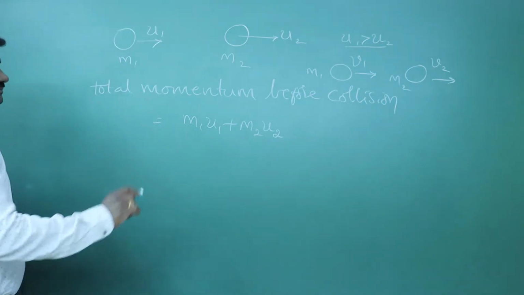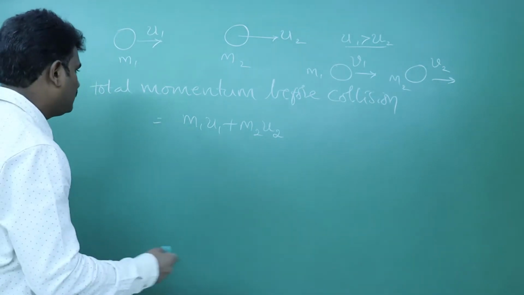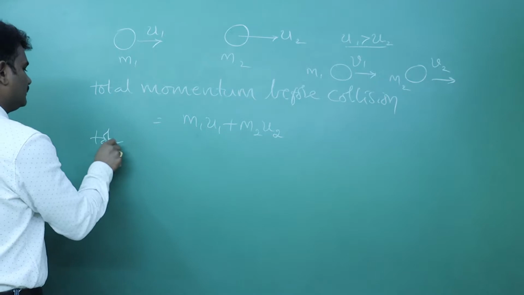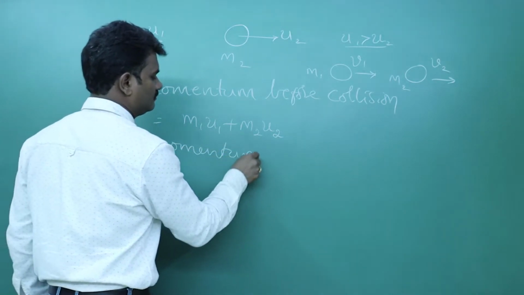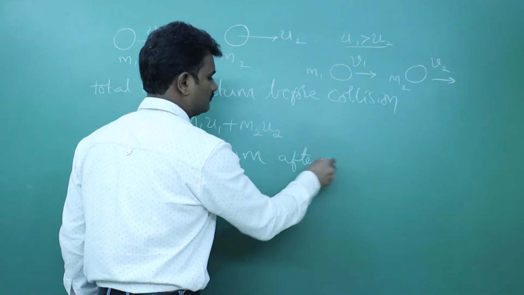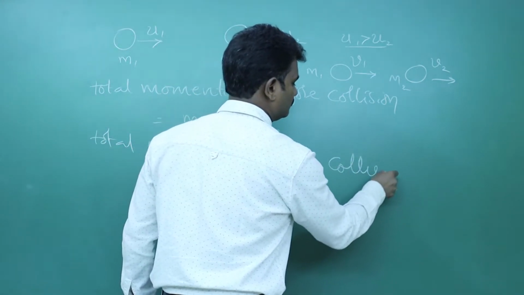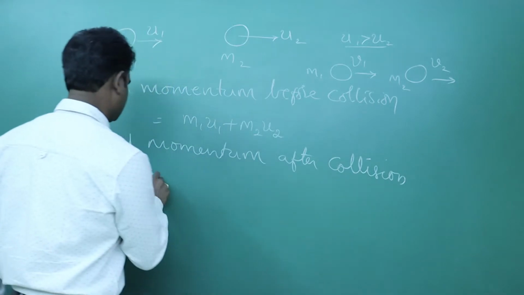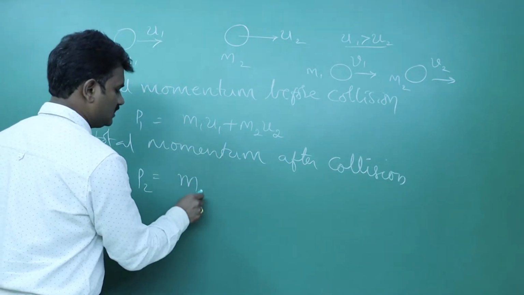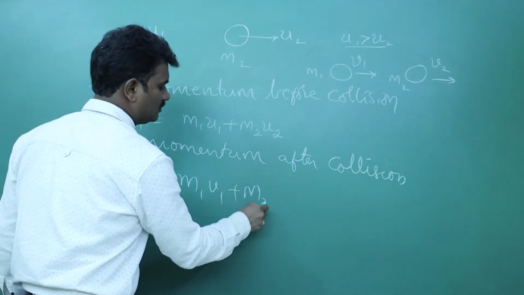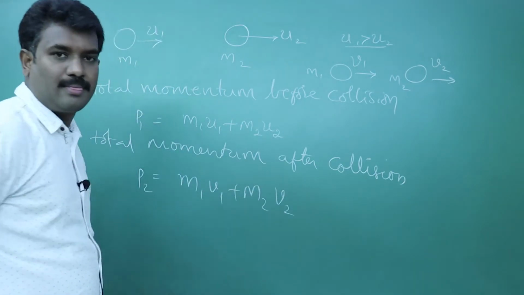So after collision, what is the total momentum we are going to study now? It is equal to m1 v1 plus m2 v2.